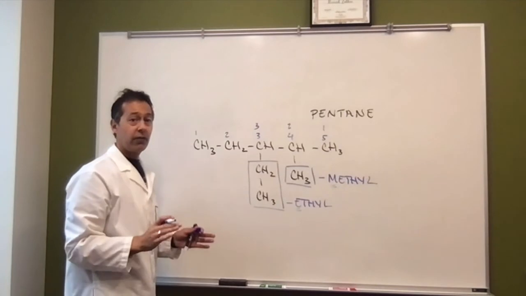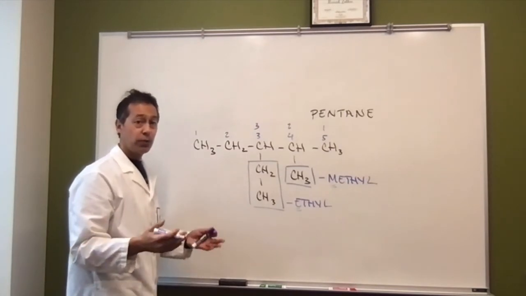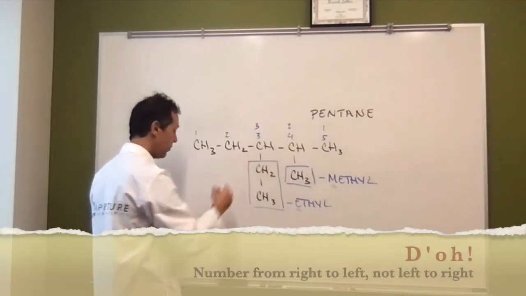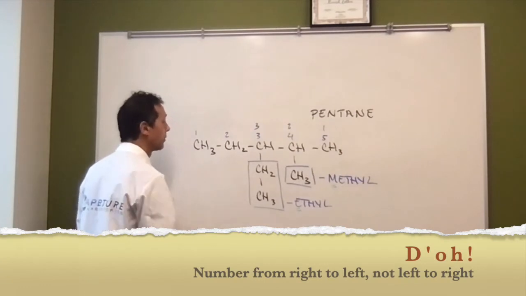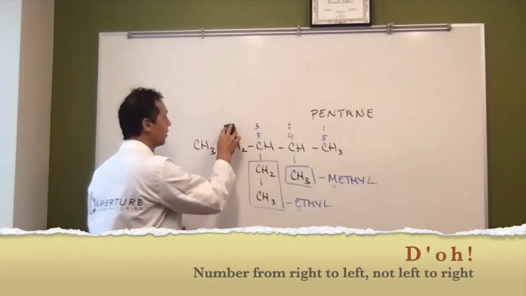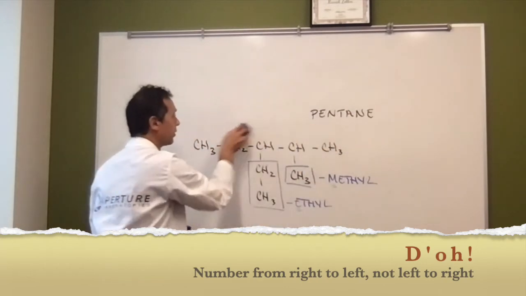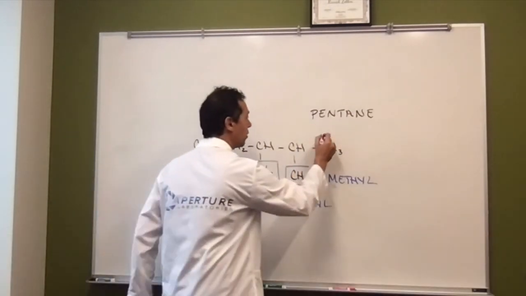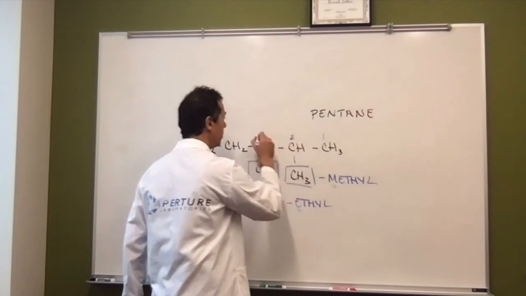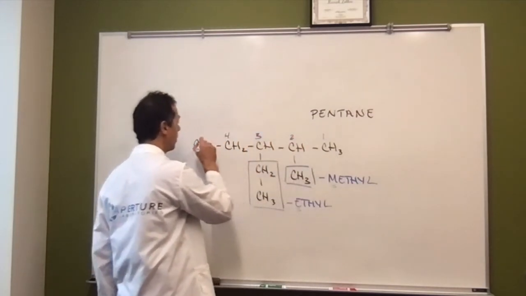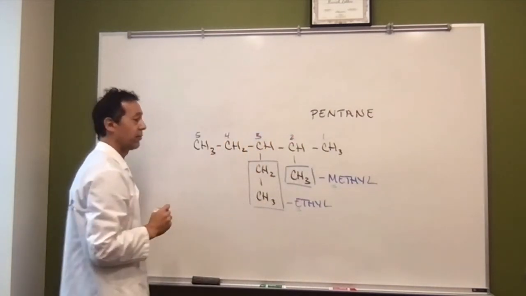And so we want to have our substituents with the lowest possible number. So we're going to name this going from left to right.